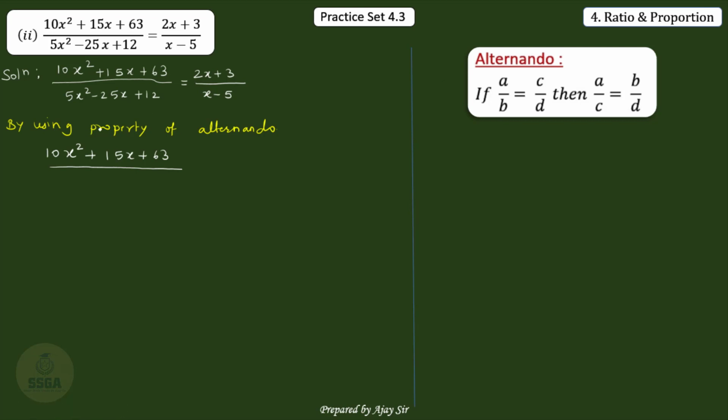So like this: 2x + 3 is equal to (5x² − 25x + 12)/(x − 5). Now if you multiply this term by some number, then this term is converted into this form.